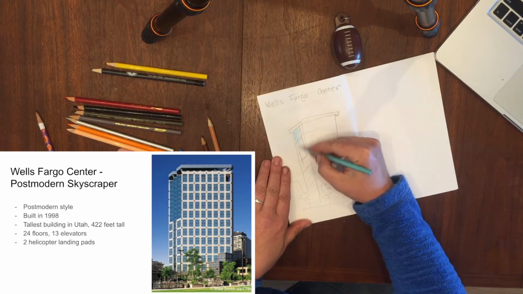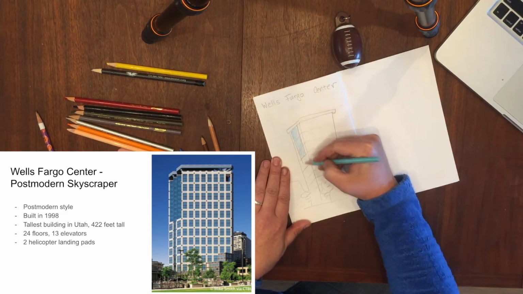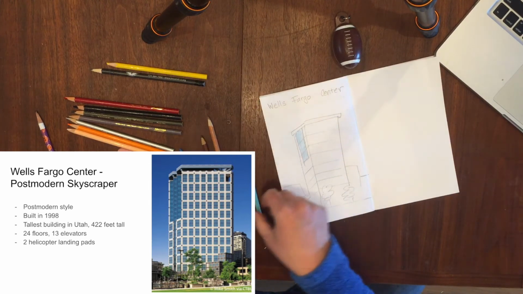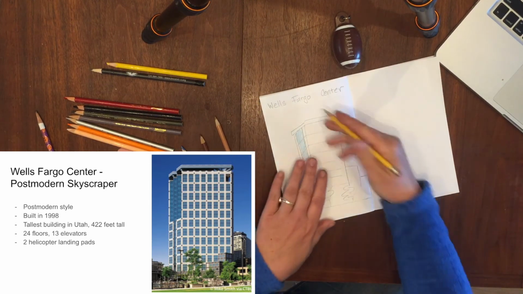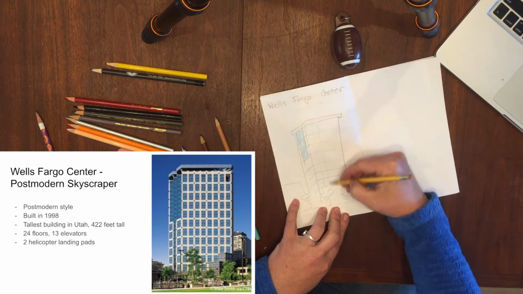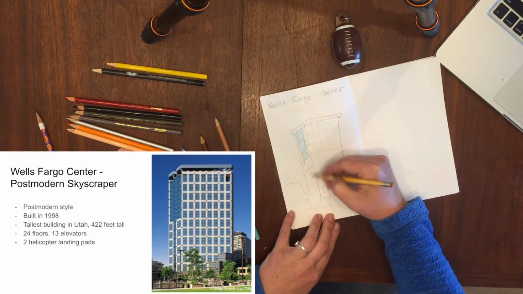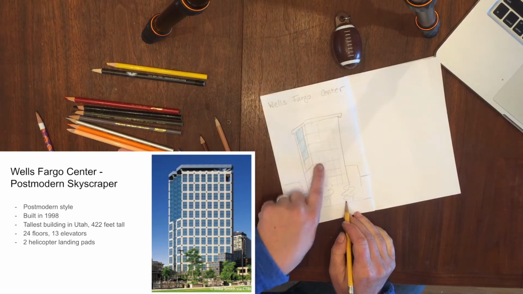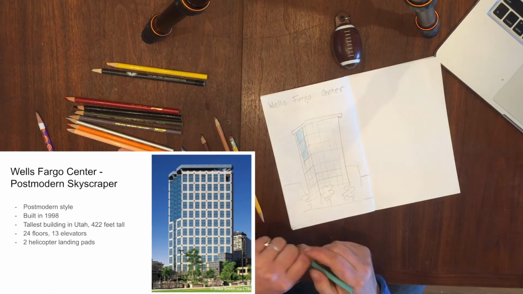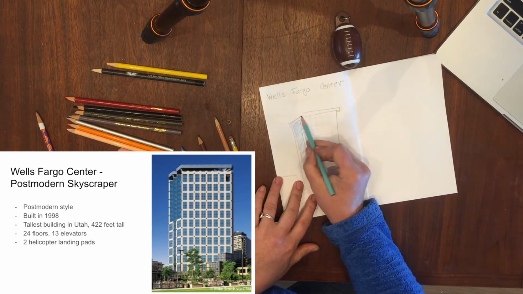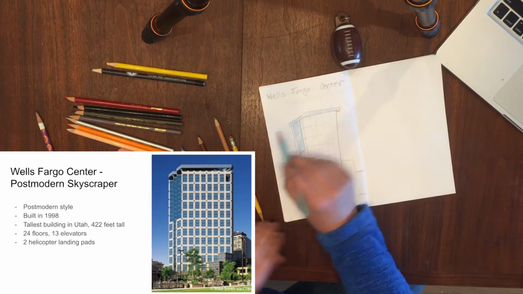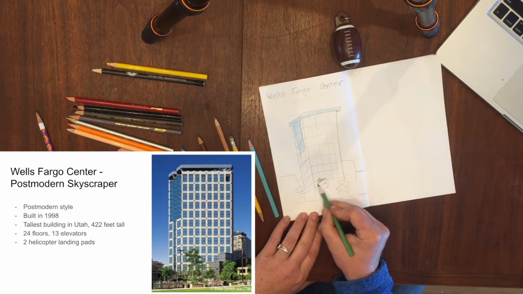Color in this blue part. And there's just a lot of windows that all look pretty much the same. So I don't think I'm going to color every one, but I'll just draw lines like that to show the idea that there's windows all around. It does have a light blue roof. I'll color in my trees.